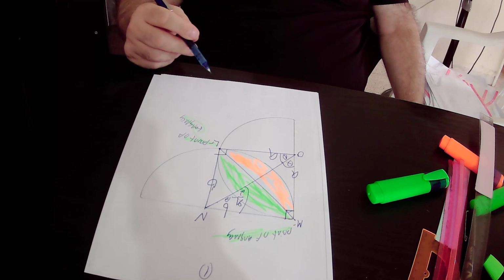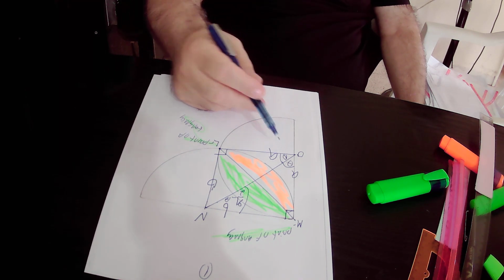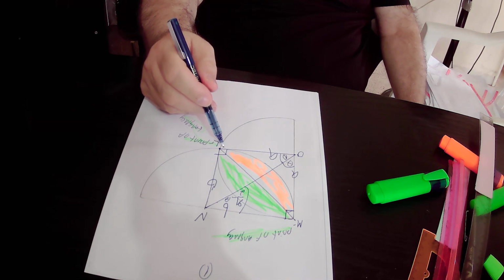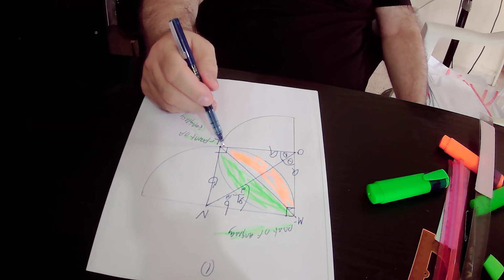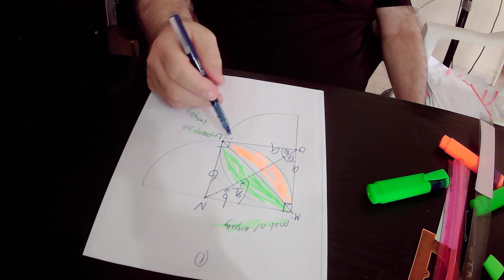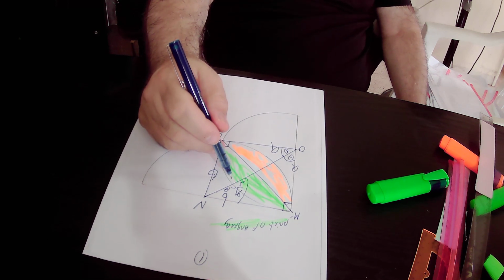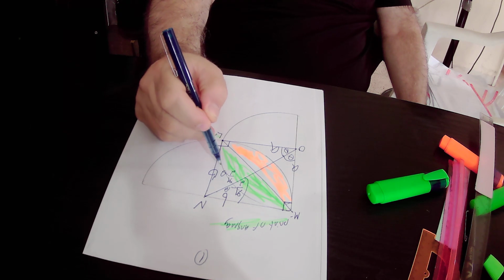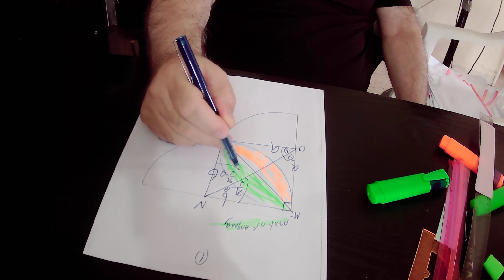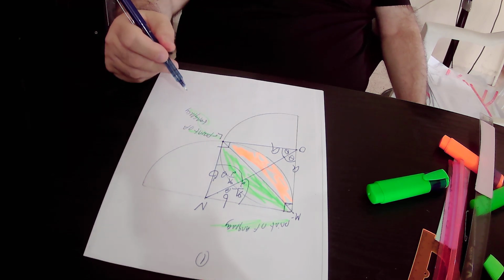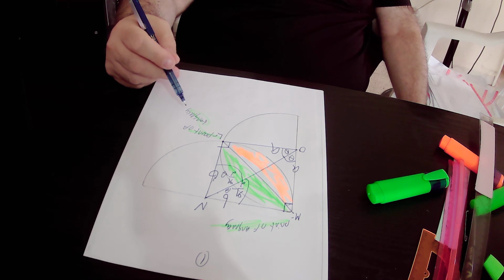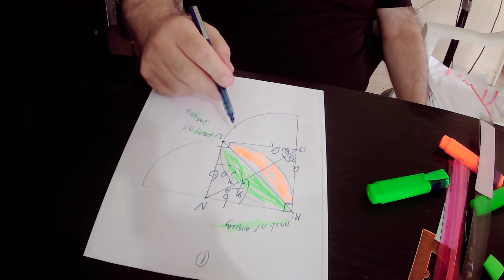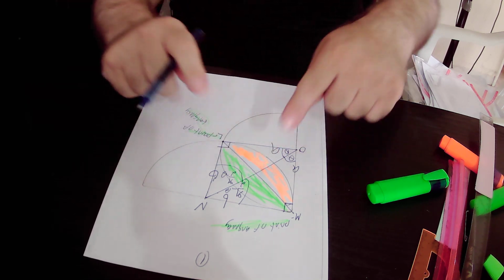And the same thing is true in here. This angle equals theta, this angle equals 90 degrees, or pi over 2 in terms of radians. Therefore, this angle must be equal to pi over 2 minus theta in terms of radians. So, angle MNL equals the sum of those two angles.